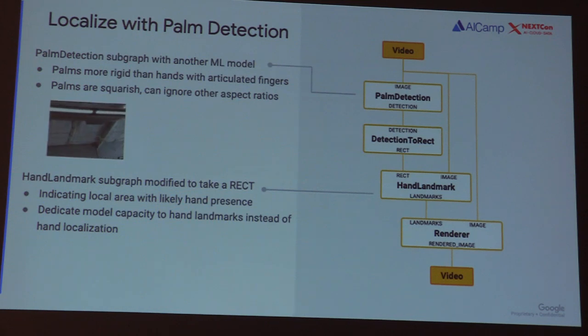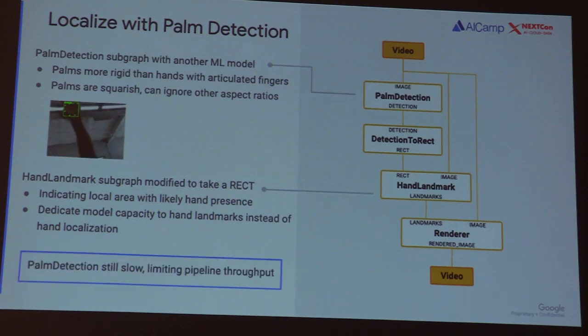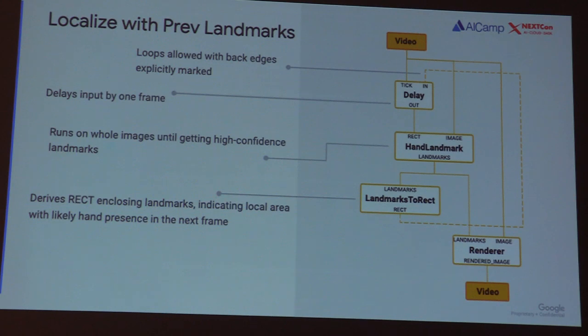So this is a good optimization, but it's still a little slow because we still feed the whole image into palm detection. And palm detection, even though it's faster, is still slow and runs over the whole image. So another technique that we can use is, because video is pretty continuous, if we have a region of interest for the previous frame, we can use that as the region of interest for the next frame, and that actually works pretty well for most video.